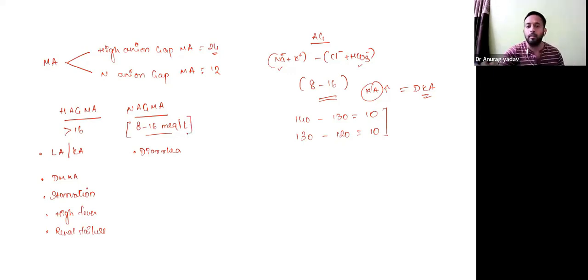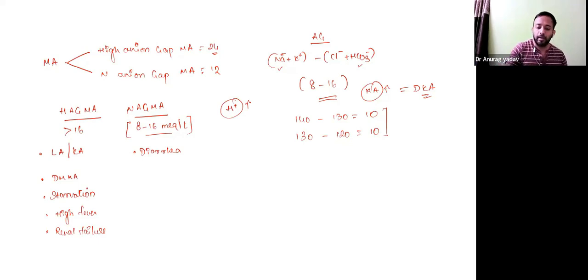That is called normal anion gap metabolic acidosis. We call it acidosis because acids are high; the H plus ion is in high concentration, but the anion gap is in the normal range. And the other one is high anion gap metabolic acidosis.